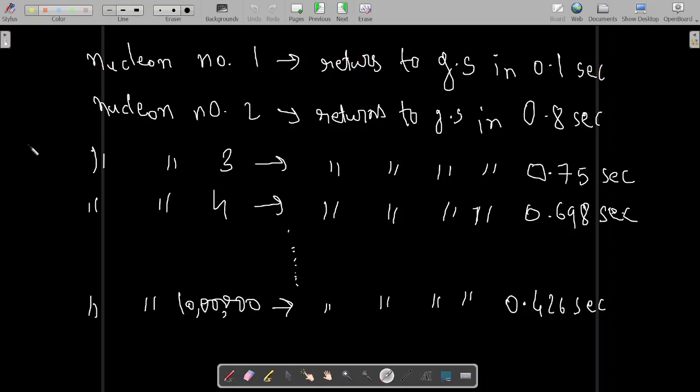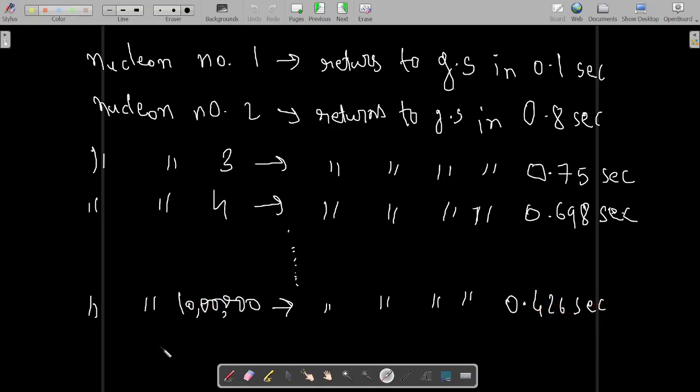Nucleon number 2 returns to the ground state in 0.8 second. Nucleon number 3 returns in 0.75 second. Nucleon number 4 returns in 0.698 second. Similarly nucleon number 5, 6, 7, 8, 9, 10, 11, 12, 13, 14, 15, 16, and the list goes on. Then we have nucleon number 10 lakh, which returns to the ground state suppose in 0.426 second.